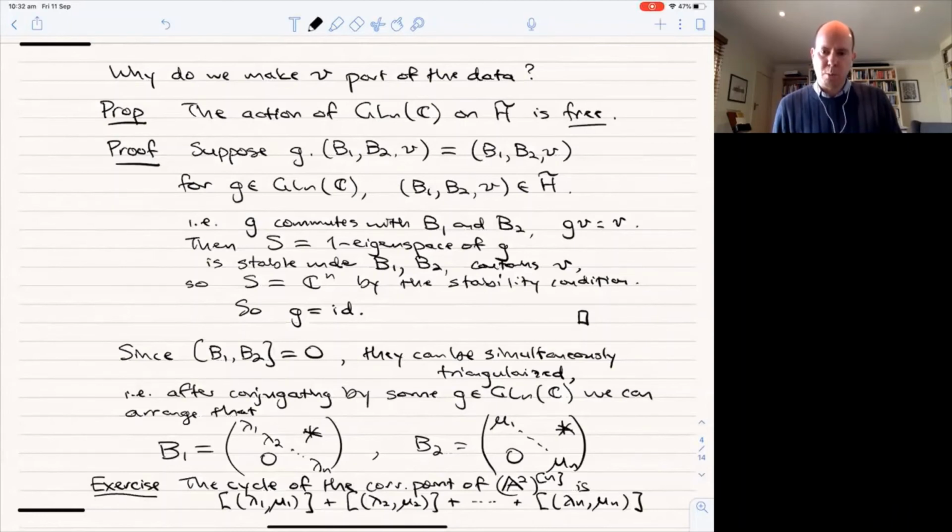Once you have your triple B1, B2, v, whose GLN(C) orbit is giving you your point in the Hilbert scheme, if you then want to map it to the symmetric power, all you're doing is reading off the spectral information, just the eigenvalues of the matrices B1 and B2, once you've simultaneously triangularized them.